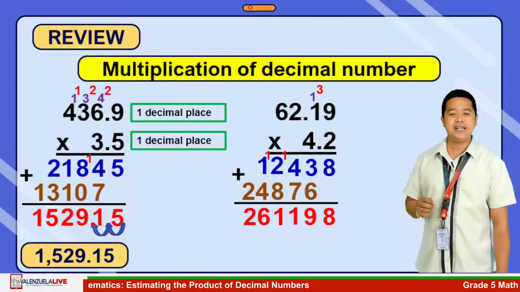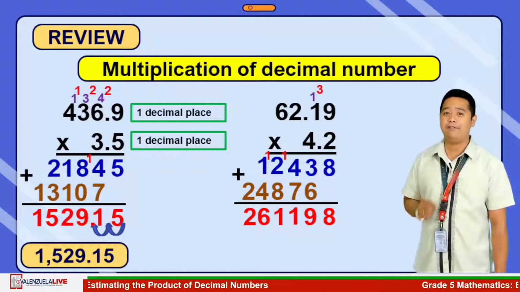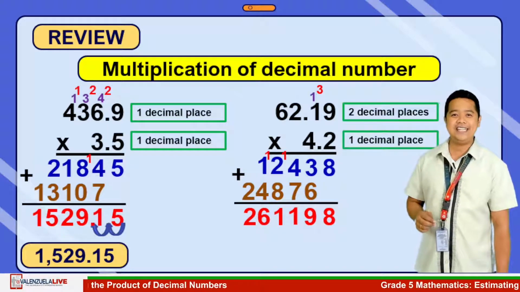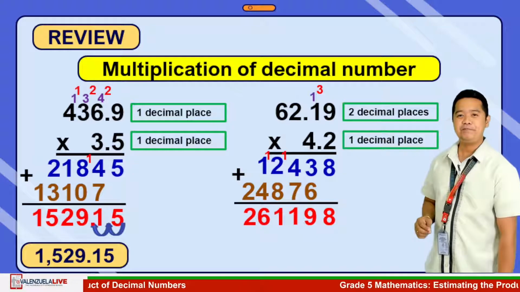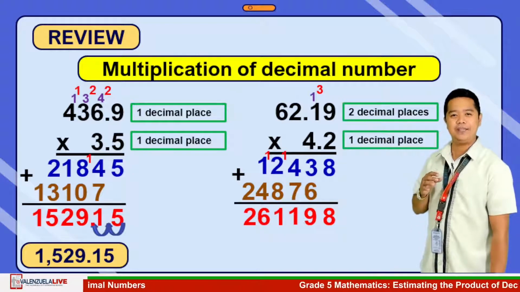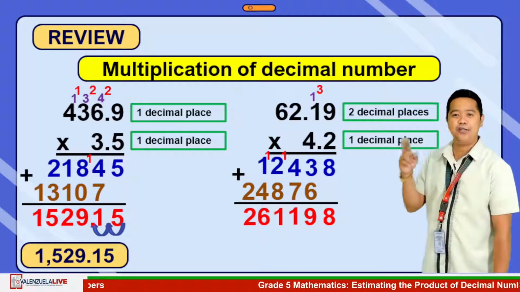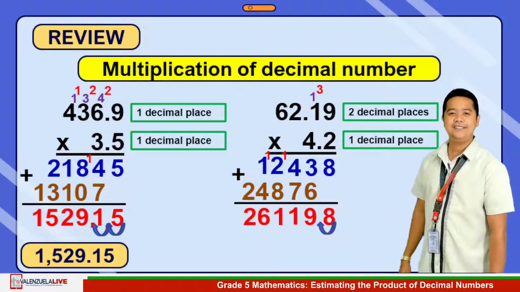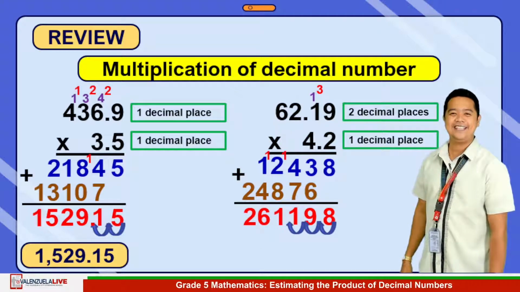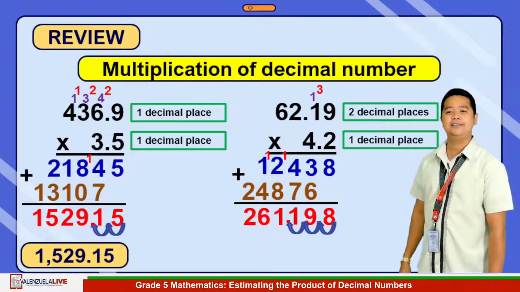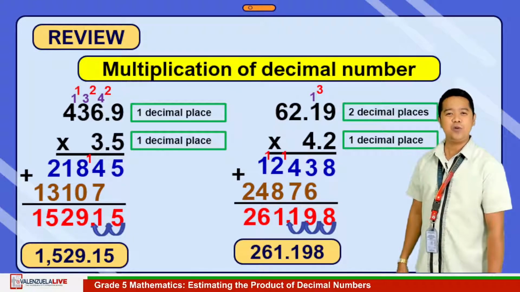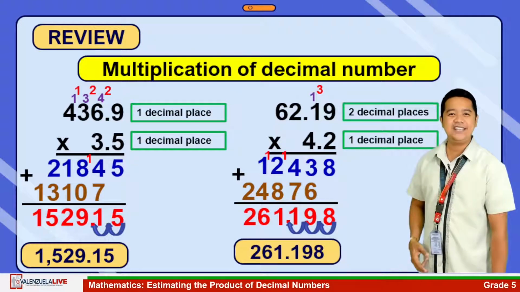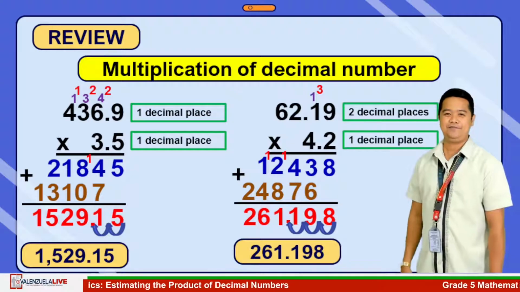Again, count the number of decimal places of the factors. We have 3 decimal places. So we need to move the decimal point thrice from right to left. 1, 2, 3. And put the decimal here. So the final answer is 261 and 198 thousandths.